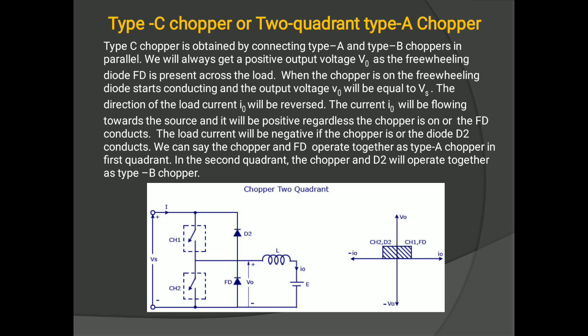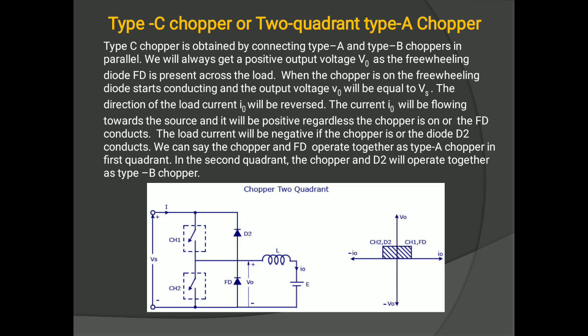Now type C chopper or two quadrant type A chopper. Here output voltage is always positive because of the presence of diode across the load. When chopper CH2 is on or freewheeling diode conducts, output voltage equals 0. When chopper 1 is on or diode D2 conducts, output voltage equals source voltage.